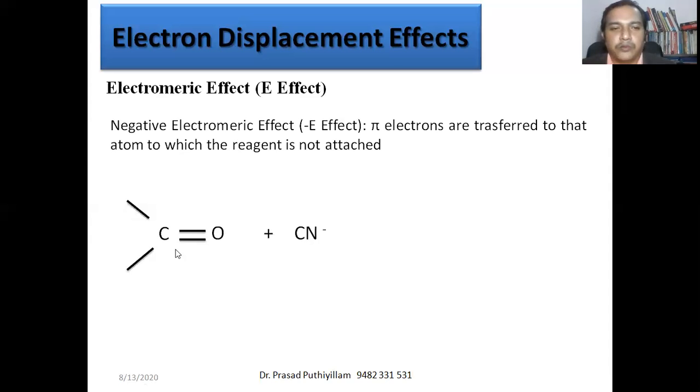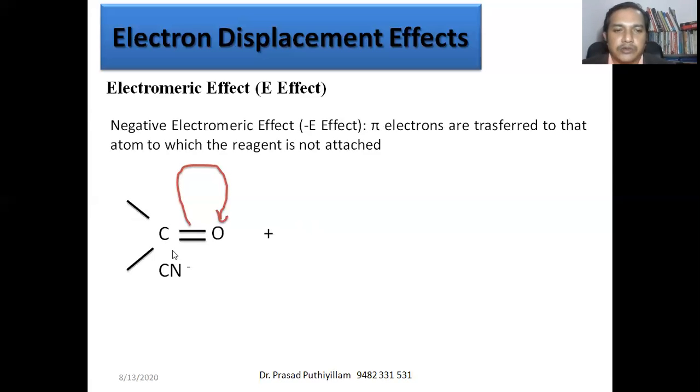So the electron displacement will be like this, to this oxygen. The cyanide group will go and attach there. The oxygen will get a negative charge here because extra electrons are going near the oxygen. There is no atom which forms a bond there. Therefore, oxygen will get a negative charge, and the cyanide's negative charge will be neutralized here because it forms a bond with the carbon.